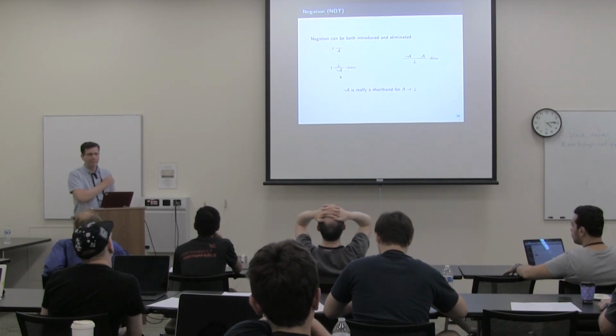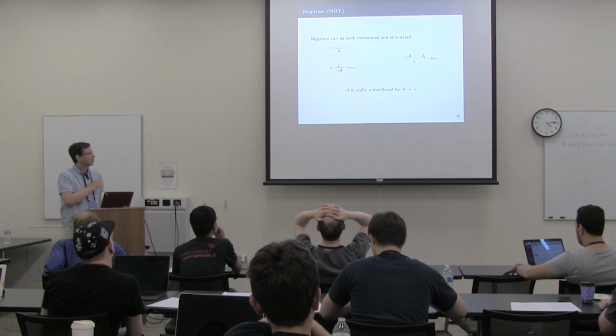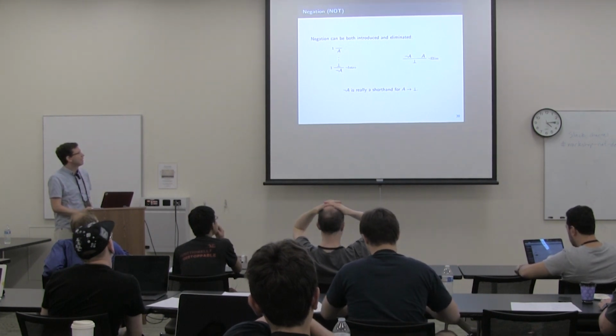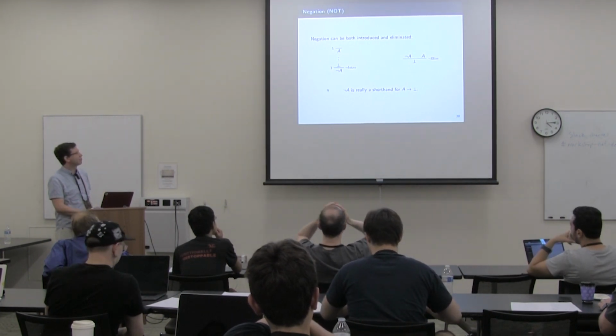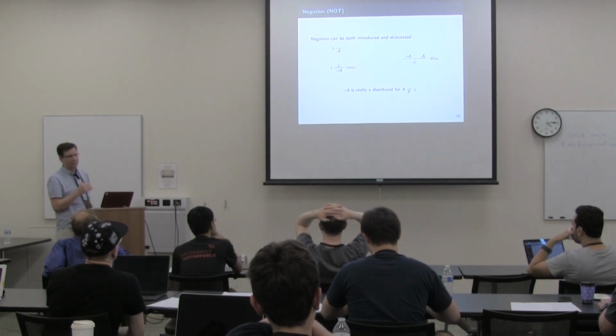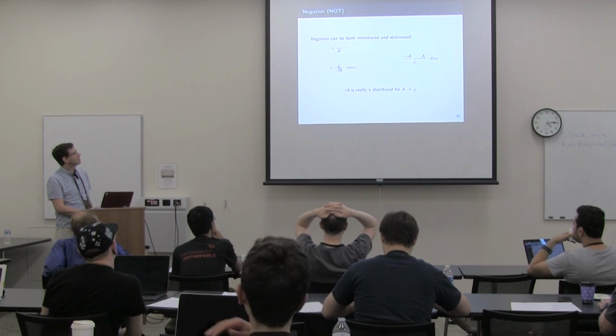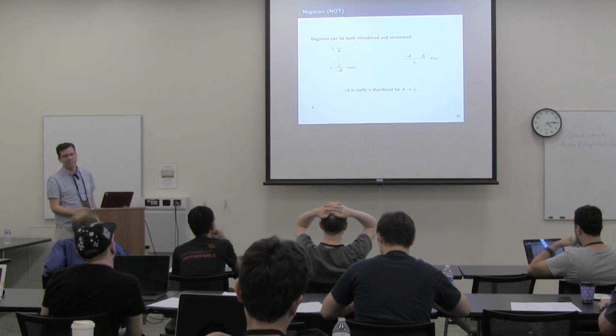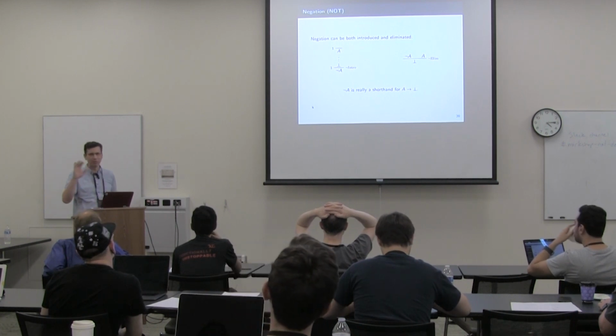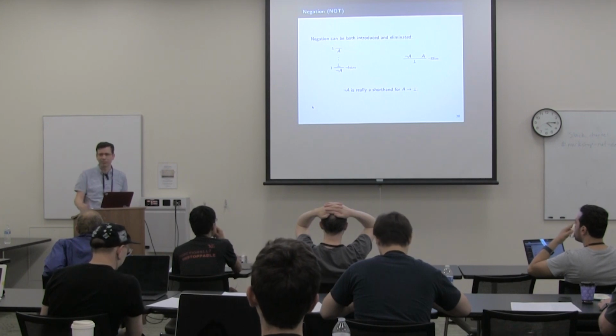So we conclude not A. And that, again, cancels an assumption. But like I said, it's just a shorthand for A implies falsity. So that's why this looks so similar to the rules. If you compare this to the rules for implication introduction and elimination, it looks basically the same.